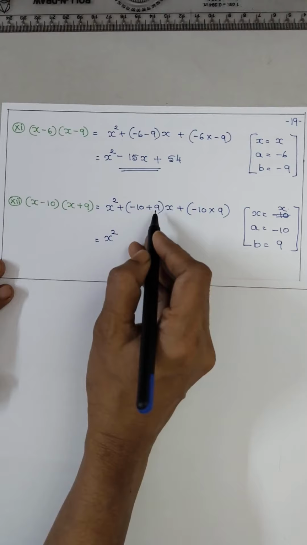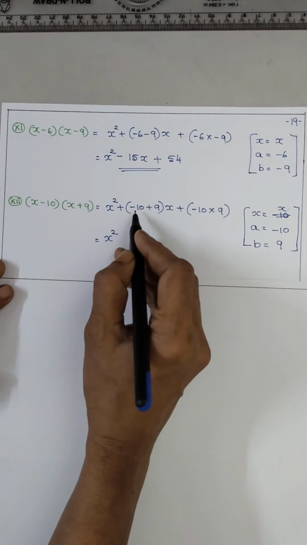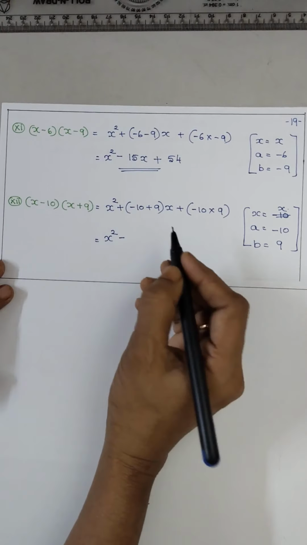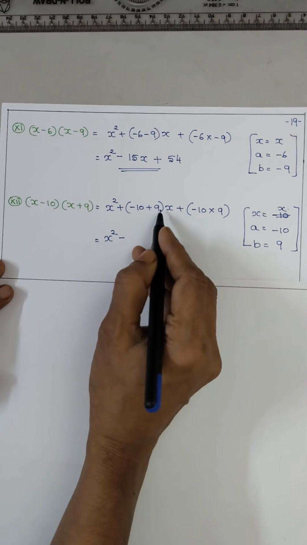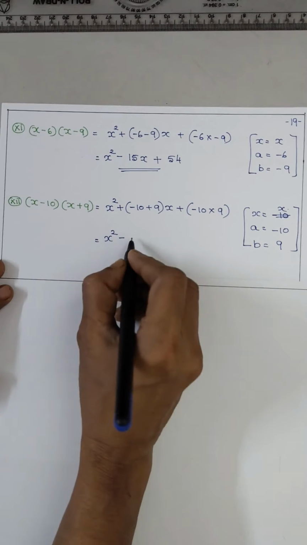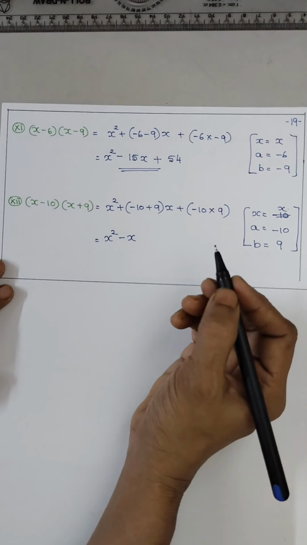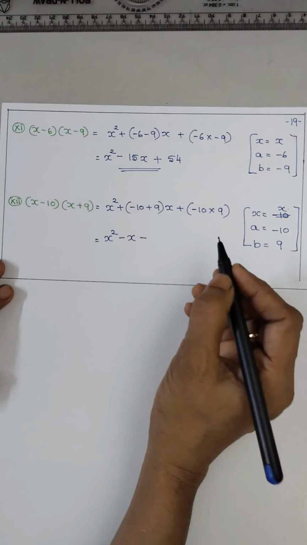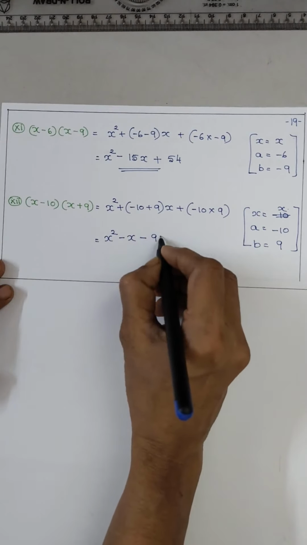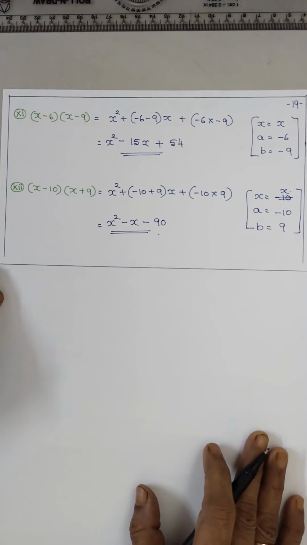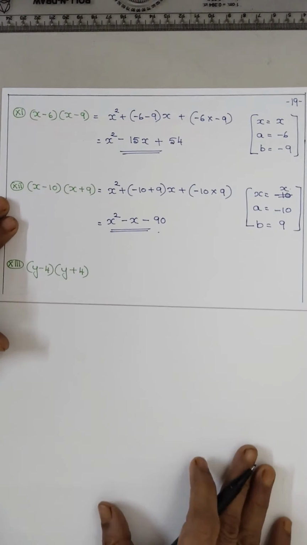Different signs, subtraction we have to do, so the bigger number has minus. 10 minus 9 is 1, 1 into x, 1x, so we will be writing directly x. Different signs in multiplication, minus. 10 nines are 90. So the answer is x squared minus x minus 90.